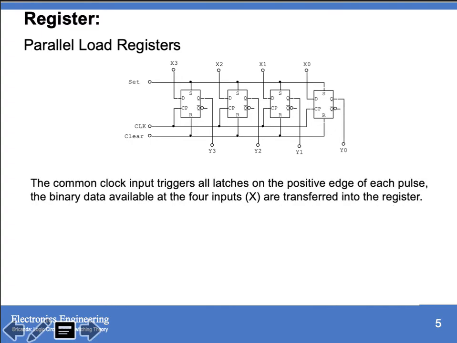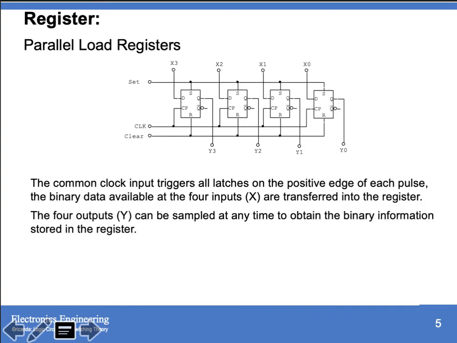The 4 outputs, from the rightmost D latch up to the first D latch on the left, are connected to Y. These 4 outputs can be sampled at any time to obtain the binary information stored in the register.